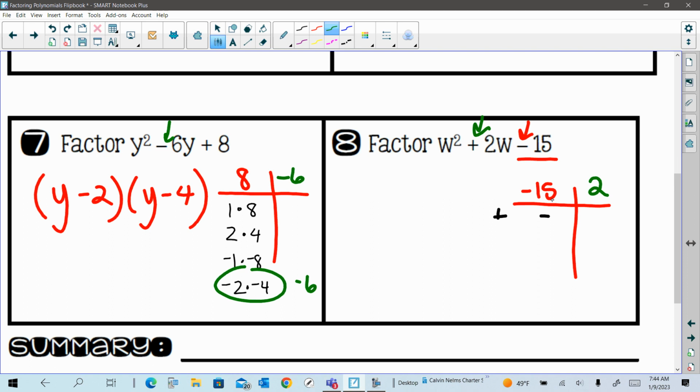Which numbers give me negative 15? 5 times negative 3. A positive 5 times a negative 3 still gives me negative 15, and a positive 5 plus a negative 3 gives me 2 when you add them. So the 5 is the positive one, meaning w plus 5, and 3 is the negative one, meaning w minus 3.